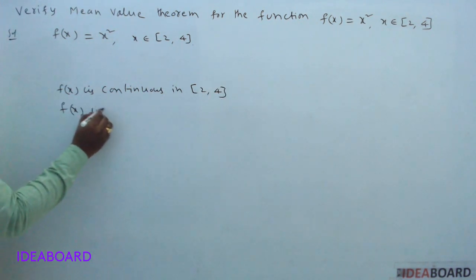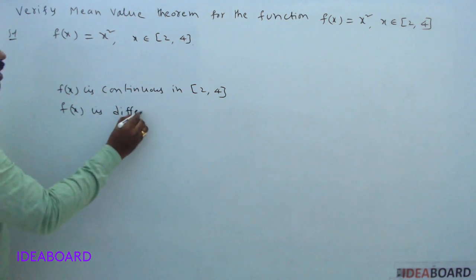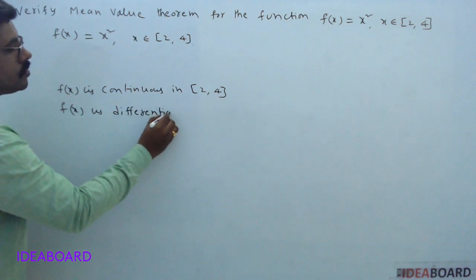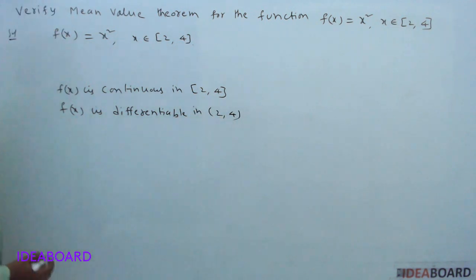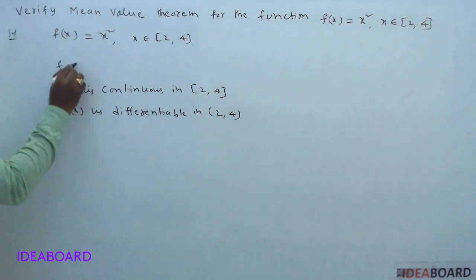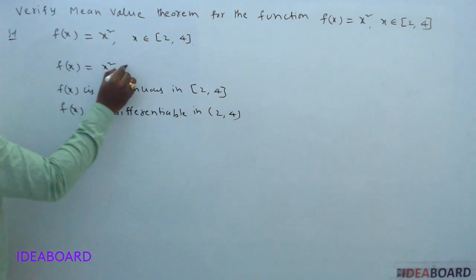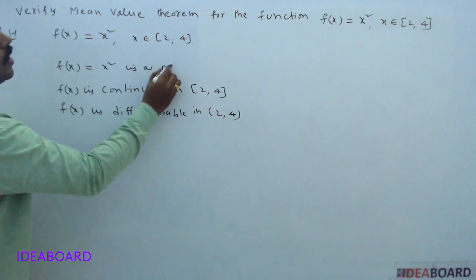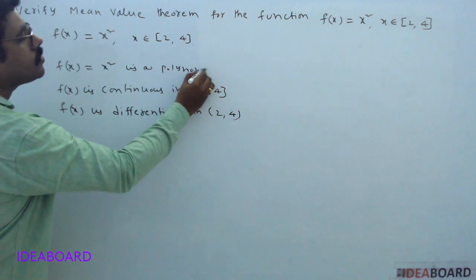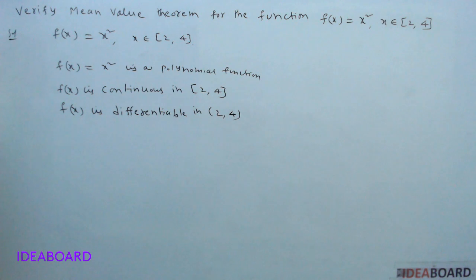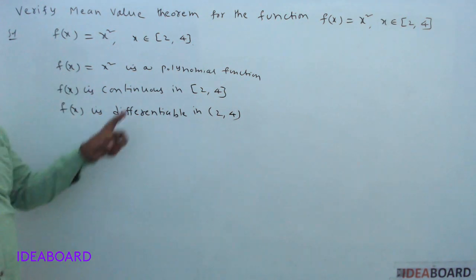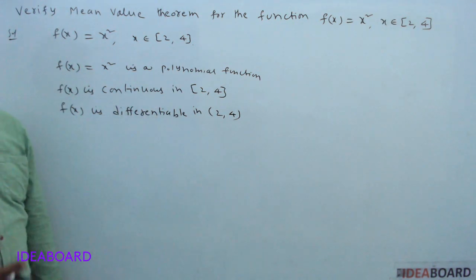Next one, f of x is differentiable in open interval 2 comma 4, because f of x equals x square is a polynomial function. Now clearly this function f of x satisfies these two conditions.